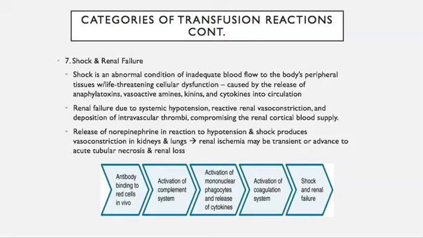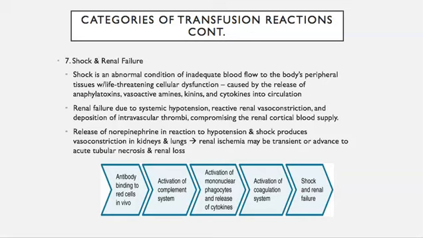This can result in renal failure due to systemic hypotension, reactive renal vasoconstriction, deposition of intravascular thrombi, which compromises the renal cortical blood supplies, and then release of norepinephrine in reaction to that hypotension.